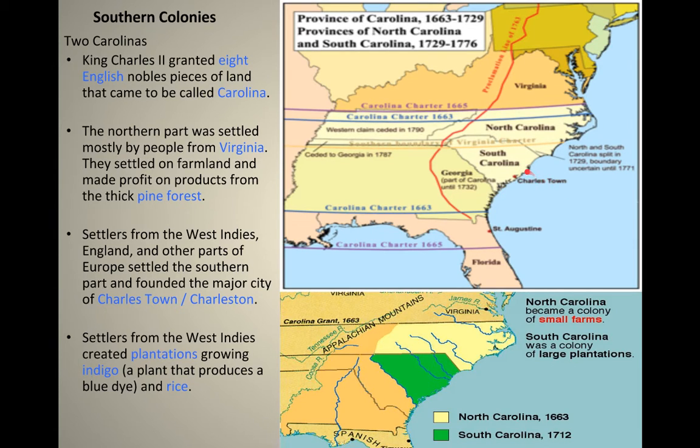So indigo is a plant that produces a blue dye. So anything that was colored blue at the time, you needed indigo for that. So that indigo and rice were 2 really important plantation crops, and that's another difference with South Carolina. It was more plantations rather than forests up here in North Carolina. So those are the differences between North and South Carolina and why they kind of split up.